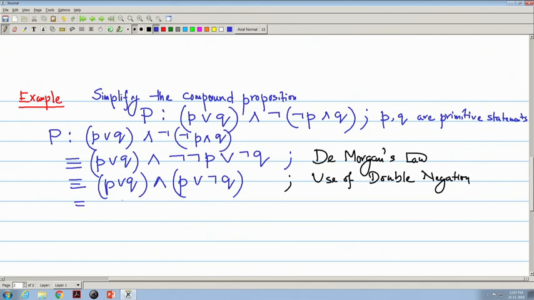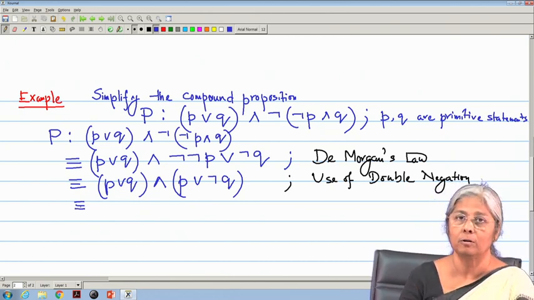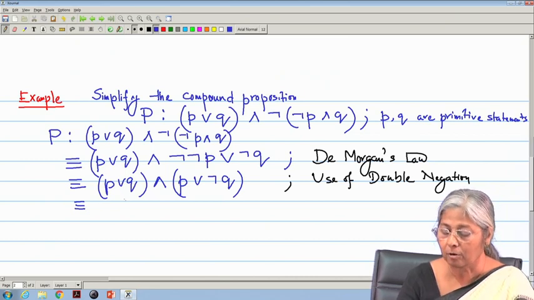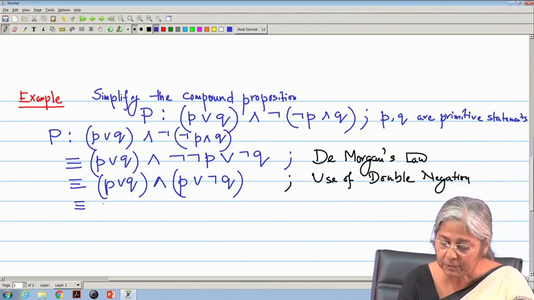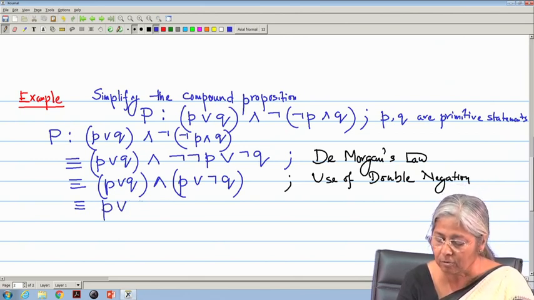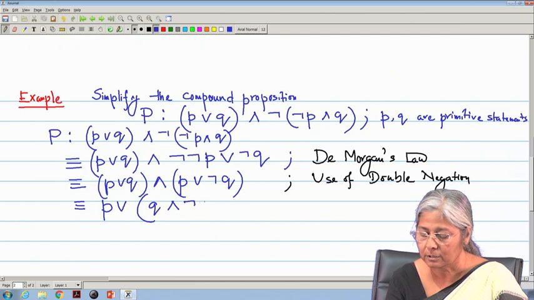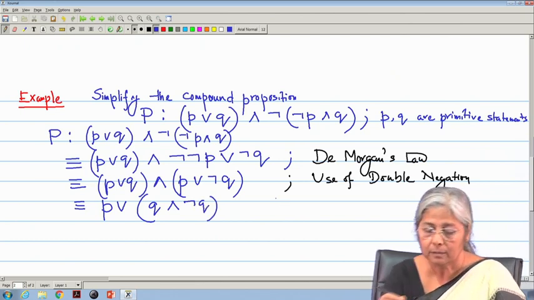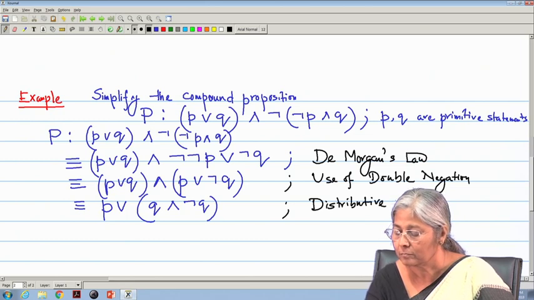Now we have P or Q, and P or negation Q. This is the distributive law. We can apply the distributive law of disjunction over conjunction, so I can write P or (Q and negation Q). This is the distributive law.